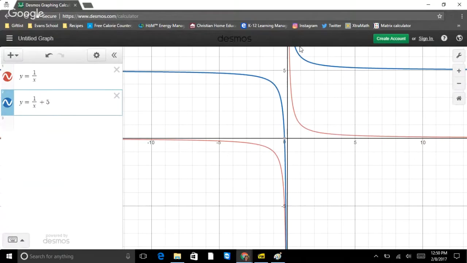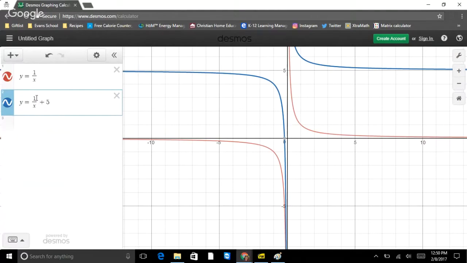Our domain can still be all reals except 0, because we still can't put 0 in there, because 1 over 0 is always bad. So what about our y's, our range? Our range looks like it's all real numbers except for when y equals 5.